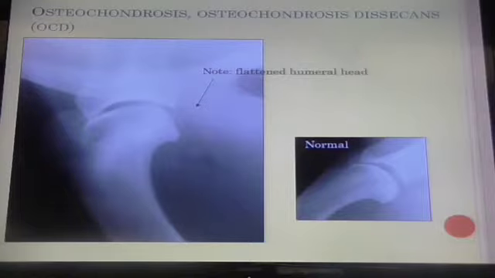Itis means there's some type of inflammation, and so therefore I don't use it, and some people don't use it because it's really not inflammation, it's a cartilaginous lesion, and that's why they like to use the word osis rather than itis, and rather than dissecans. So if you just say osteochondrosis, you're safe on all of those. If you call it osteochondritis dissecans, you're also correct too. It's a matter of opinion.